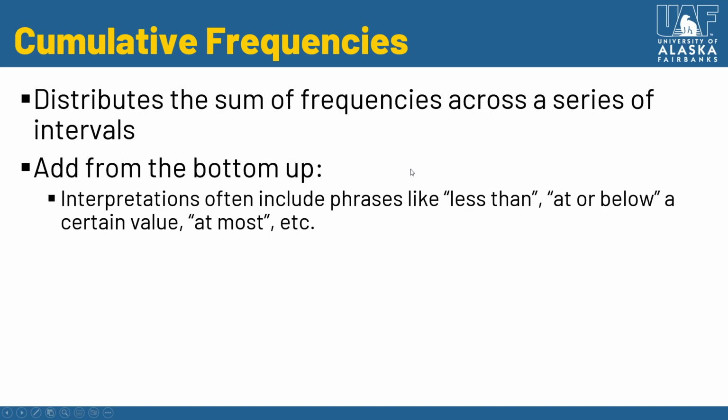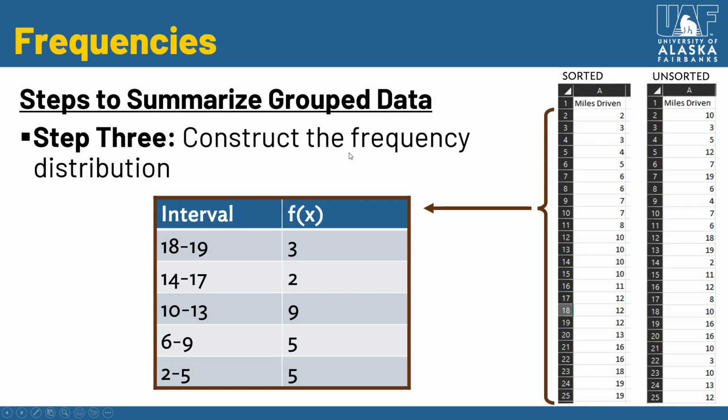But we can add things from the bottom up or the top down, right? So in other words, we can add from the bottom up, so we could say 5 people drove at most 5 miles. If we add that, we could say 10 people drove at most 9 miles, right? Because there were 5 in this category, 5 in that category, so on and so forth.